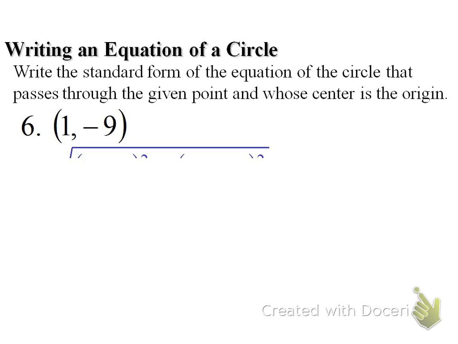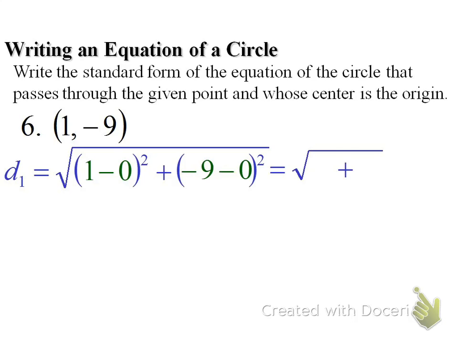So I'm going to use the distance formula, the point 0, 0, and the point 1, -9 to find my distance. So I need to subtract the x's, square them, plus subtracting the y's, square them, and then take the square root. So that's going to give me 1 for my x's, 81 for my y's, which gives me square root 82.